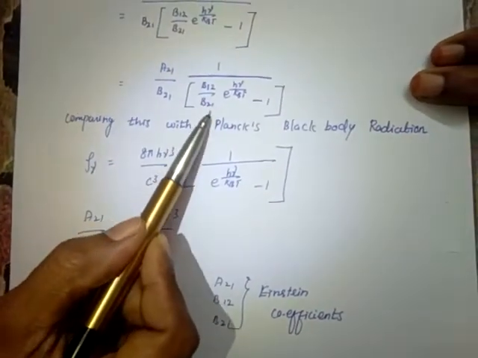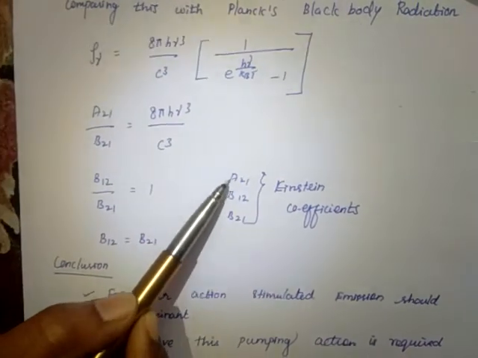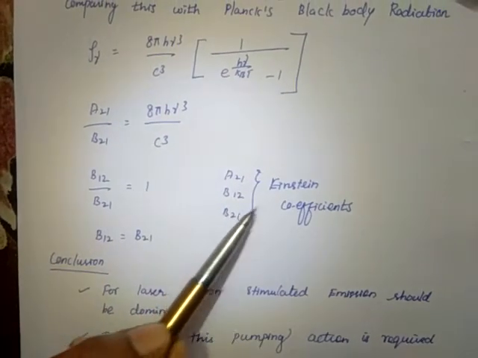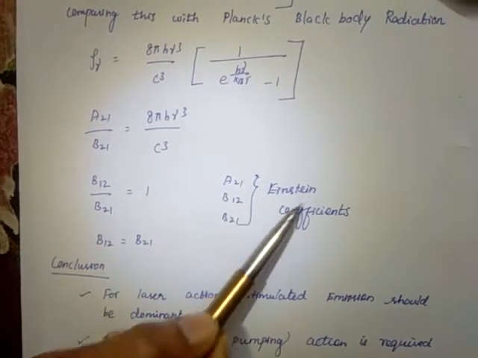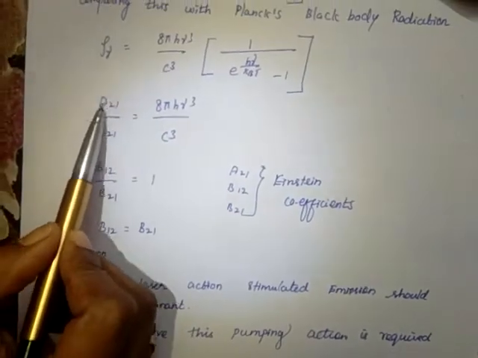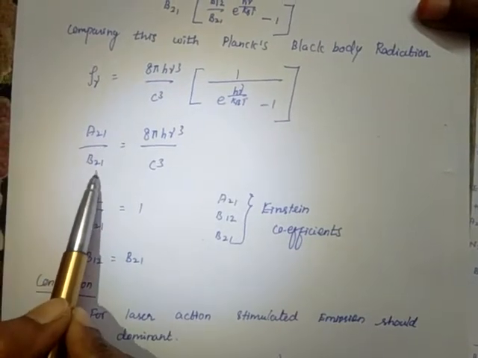So these constants, A21, B12 and B21, are called Einstein coefficients. This is the relationship between the spontaneous emission and stimulated emission.